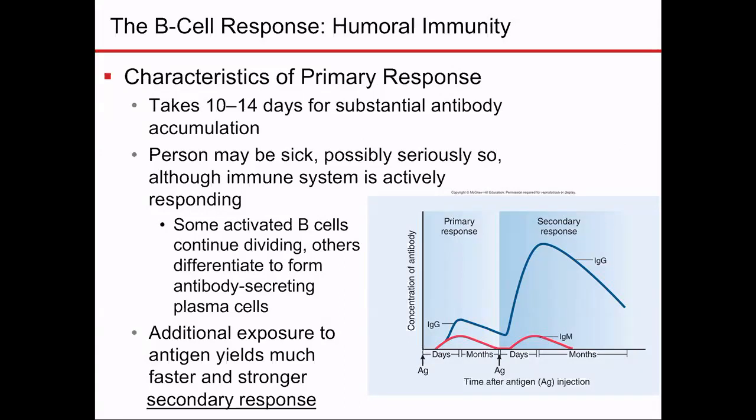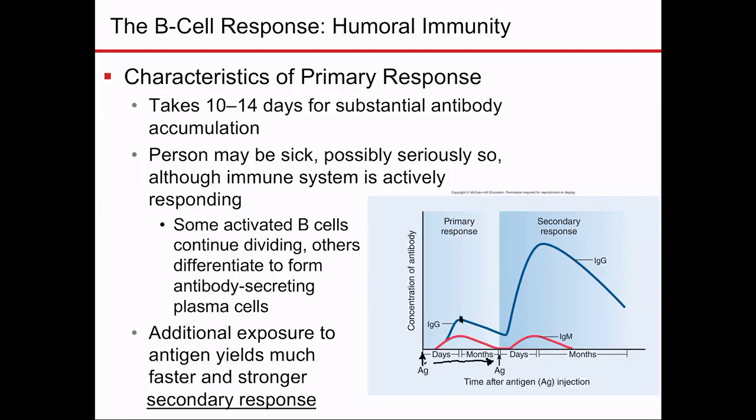What this is telling you is that when your immune system sees a particular antigen for the first time, that first encounter will result in a response that takes some time. Remember the 7 days and then about 10 to 14 days to reach good levels of that antibody.